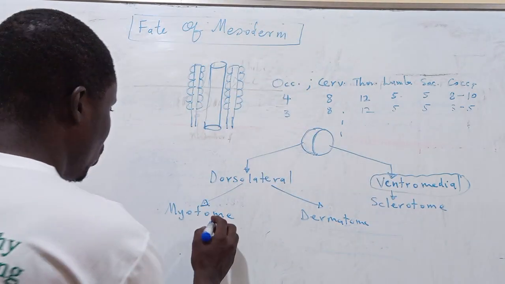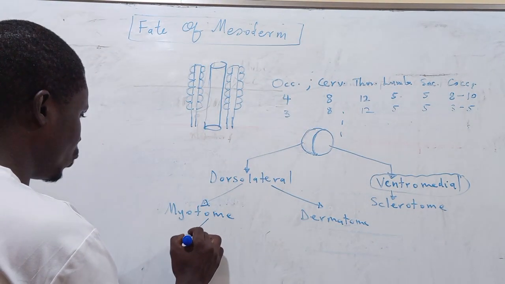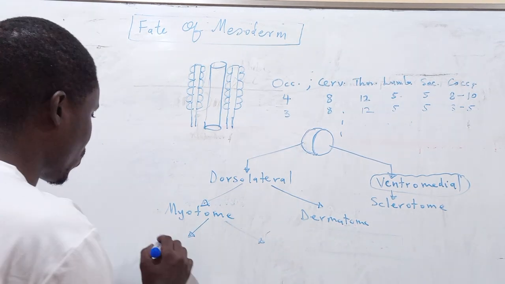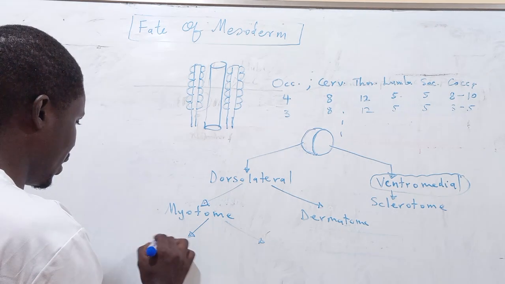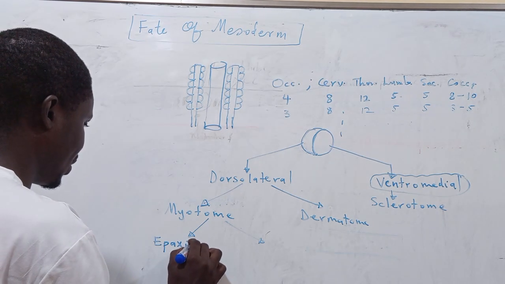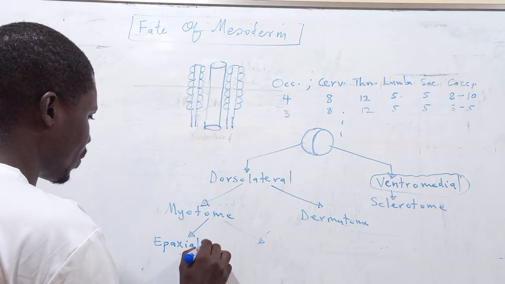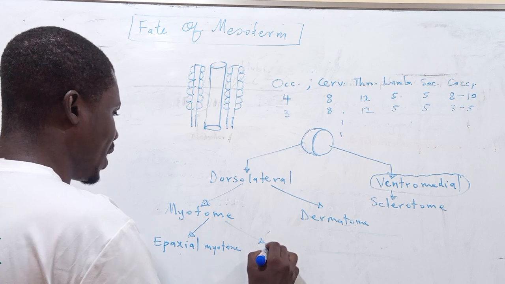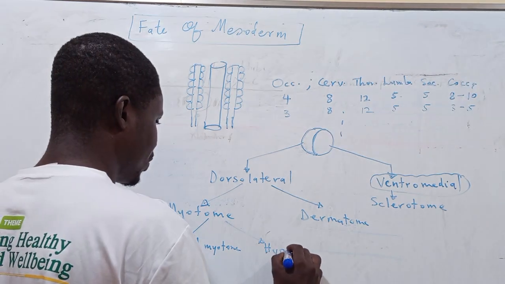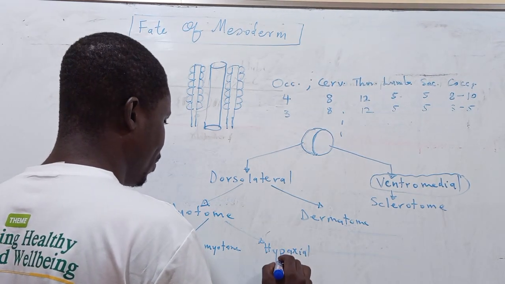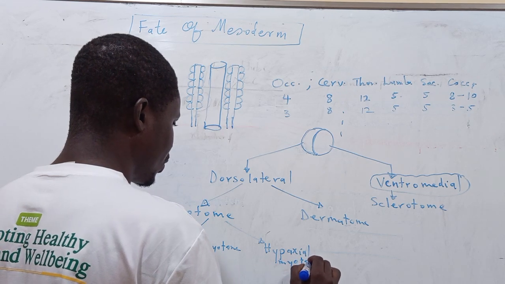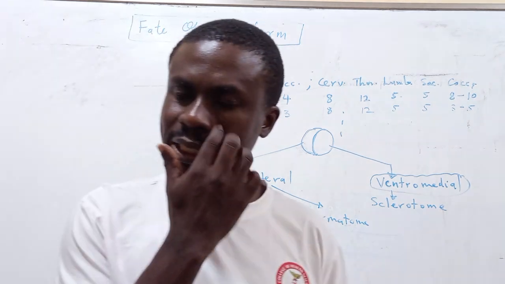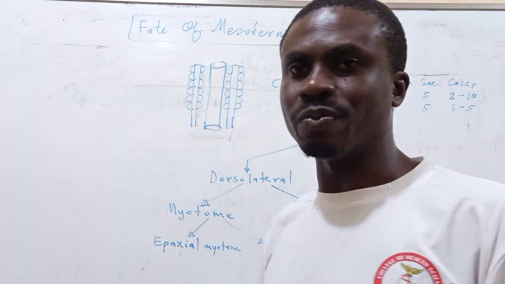Yes, this myotome also differentiates into two, something we call epithelial myotome, and of course hypophyseal myotome. Yes, that's what is going to be the two differentiations of this myotome.